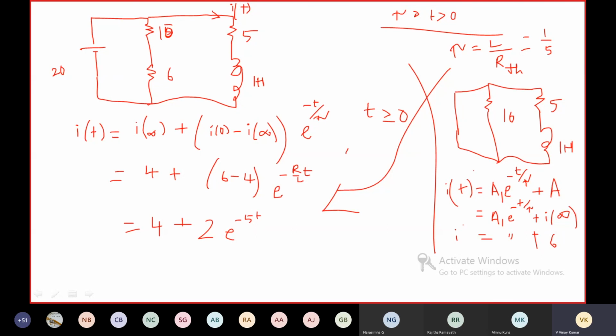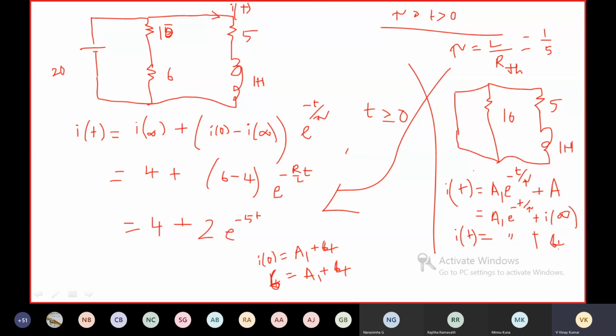Now you use initial values. Initial value I of 0 is equal to a1 plus I of infinity. Sorry, the initial value is 6, whereas its final value is 4.